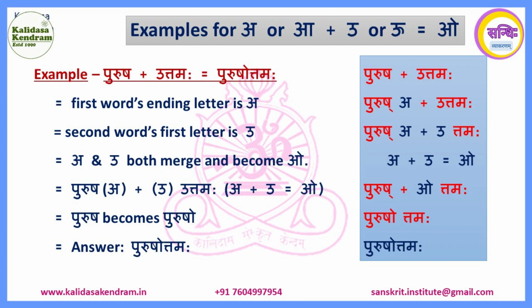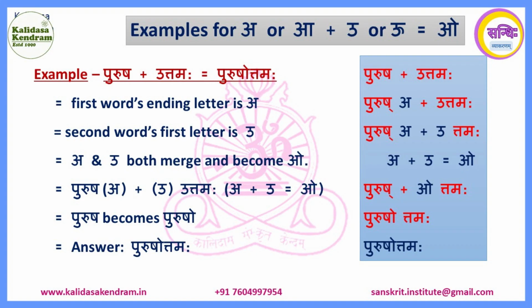The second word's first letter is u. A and u both merge and become o. Remember, there is no short vowel o. Purusha ends with a, Uttamaha starts with u, both merge and become o. So Purusha becomes Purusho. The final word is Purushottamaha.